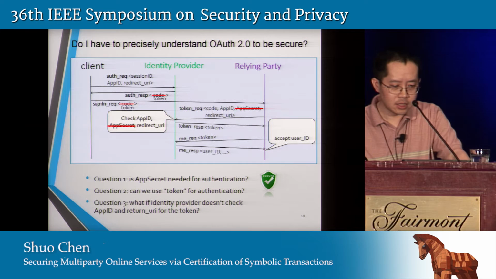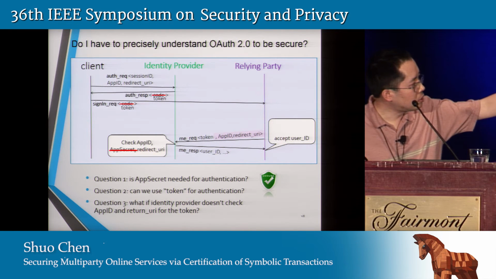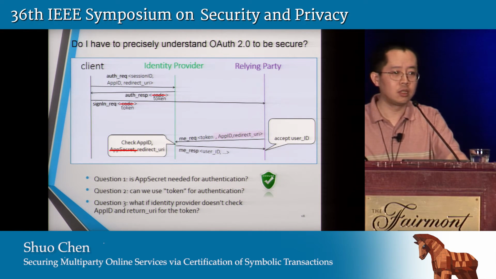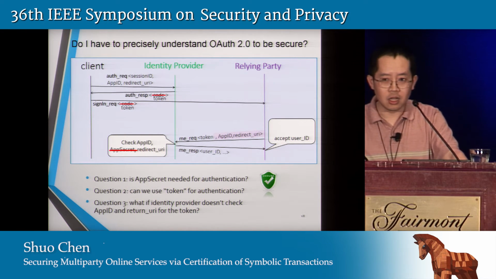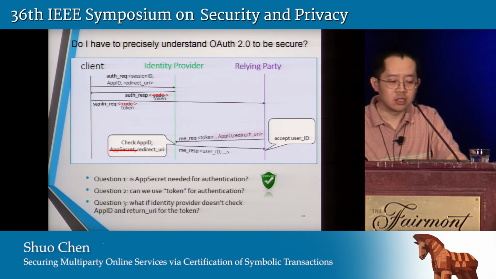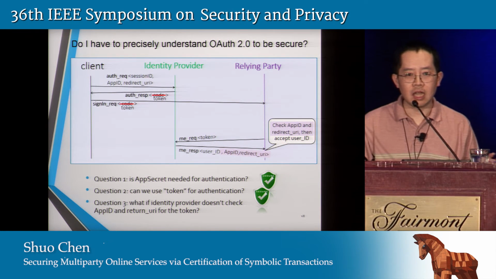But we realized that as long as we move this check to the second call, this flow is still doing correct authentication. Now, if you insist that this is not the OAuth design, and the identity provider should check absolutely nothing, then the flow can still be secure if the relying party checks everything.